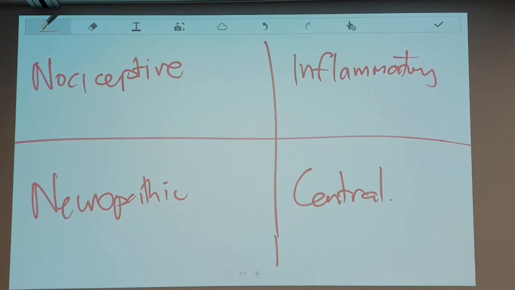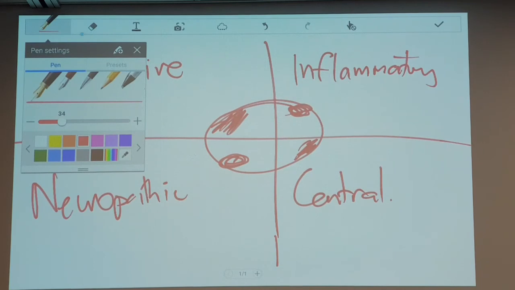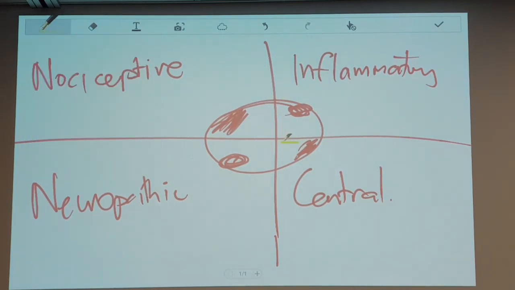And they can all overlap one another. Okay, so you can have a little bit of this, a little bit of this, a little bit of this, some of this, or it may be mostly this and hardly any of this and hardly any of this and none of that. No, and zero neuropathic. Okay, but in most scenarios it's a combination of 1, 2, 3, and 4.